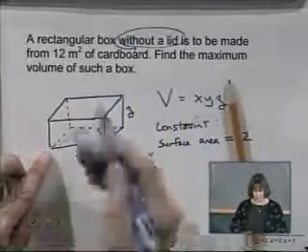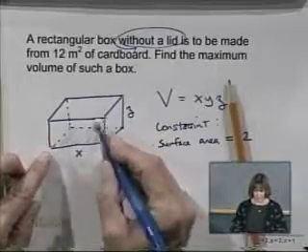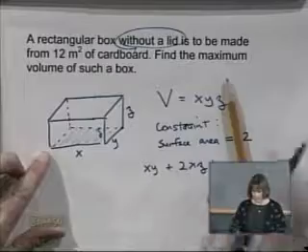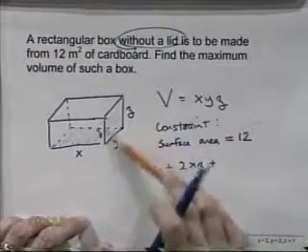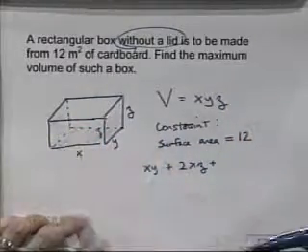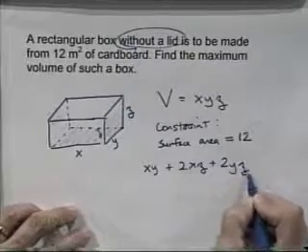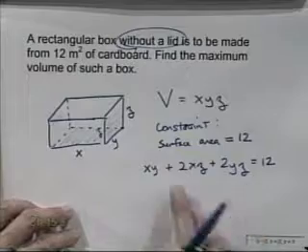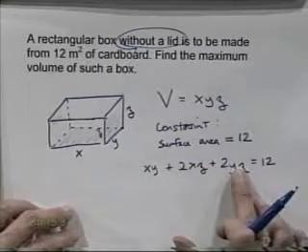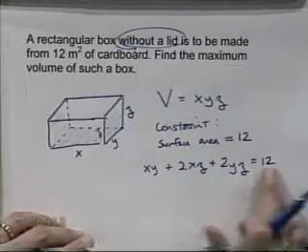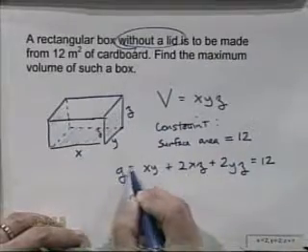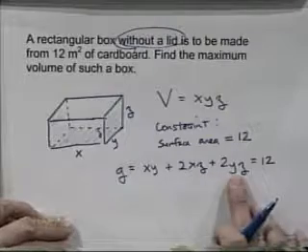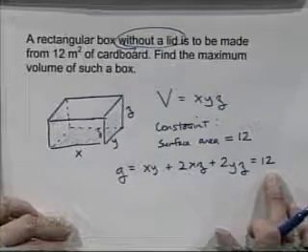So this front side is x by z, but the back's also x by z, so I have 2 of them. And then I have a side right here, which is y times z, but I have another one over here that's y times z, so I have 2 of them, and they have to add up to 12. That's my constraint. If I add up the areas of all the sides, no top, you have to get 12. This is my g. That's my constraint: x times y plus 2x times z plus 2y times z must equal 12.